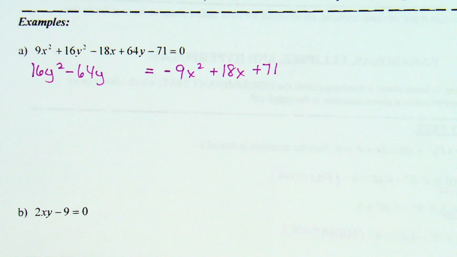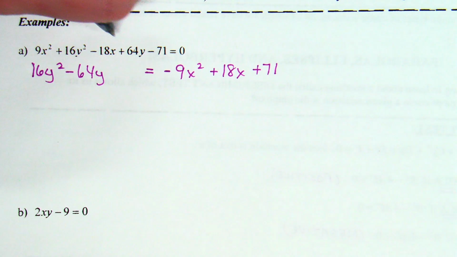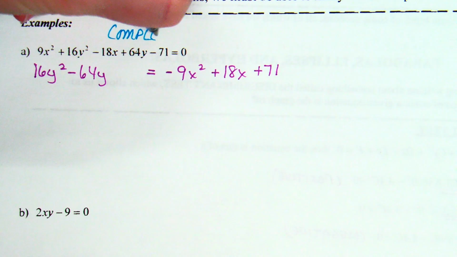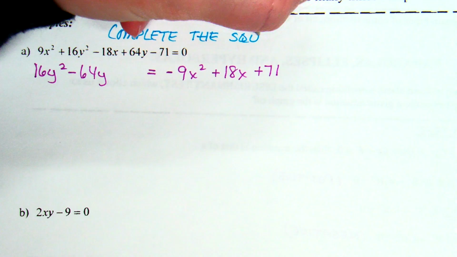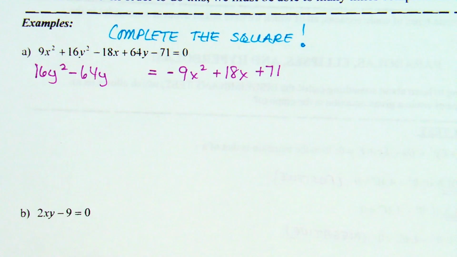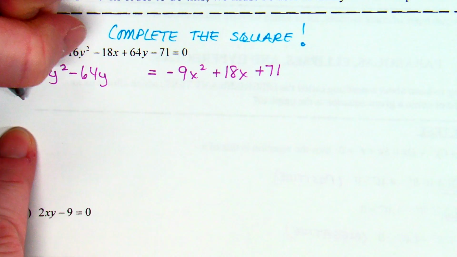Factor out the 16 in preparation to complete the square. So this is a complete the square option. So factor out the 16, because of course we have to be in that y squared plus by form.